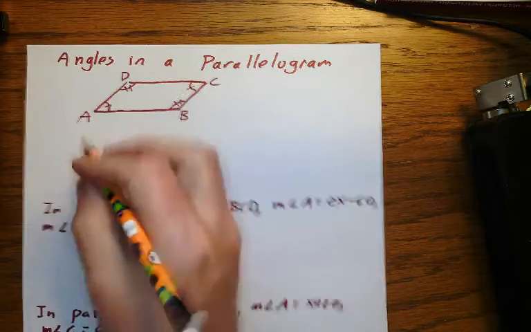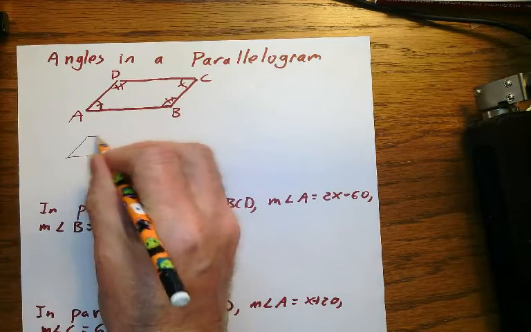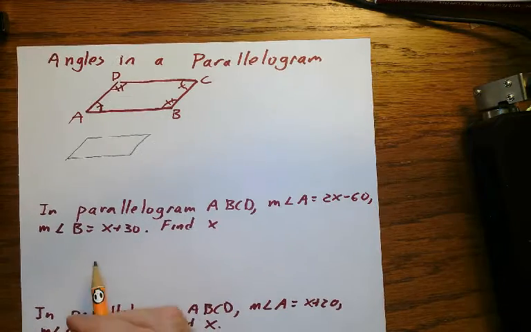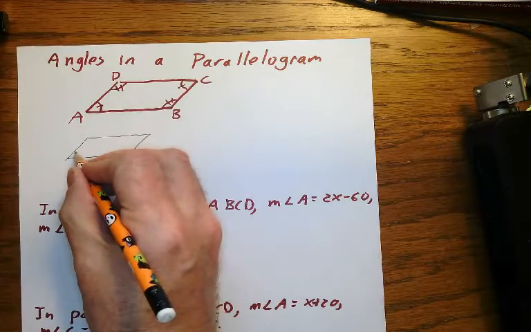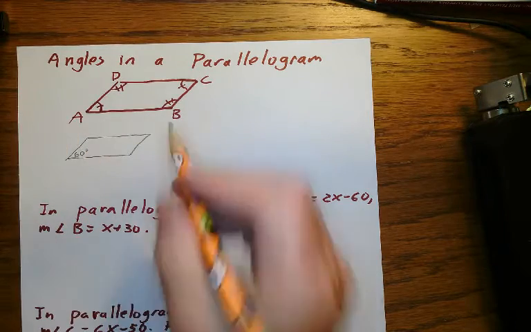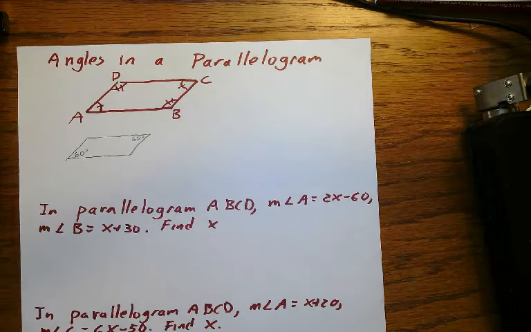Now, another thing about a parallelogram, because the angles are congruent and supplementary, as soon as you know one angle, you can find the other three. If this angle, for example, is 60 degrees, well, the opposite angles are congruent, so this is also 60 degrees.